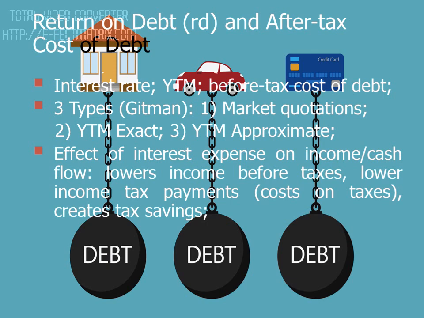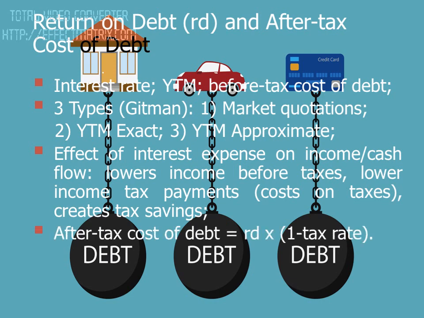So basically, from the point of view of the corporation, your cost is the interest expense, but because this interest expense lowers the tax, you have tax savings. You have expense minus the savings, so you have the net cost. That's why we adjust for taxes. So the after-tax cost of debt is the interest rate, RD, times 1 minus tax rate.